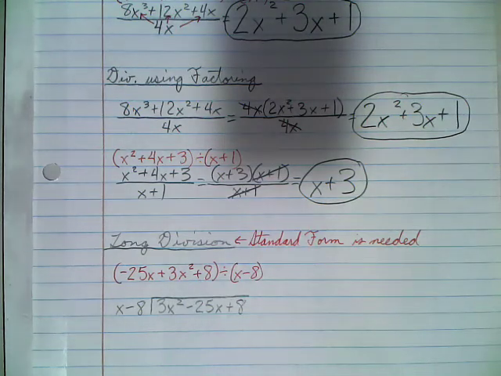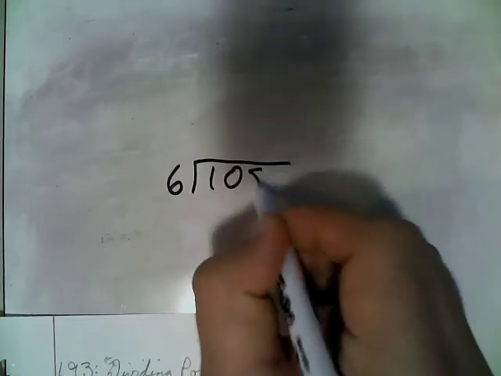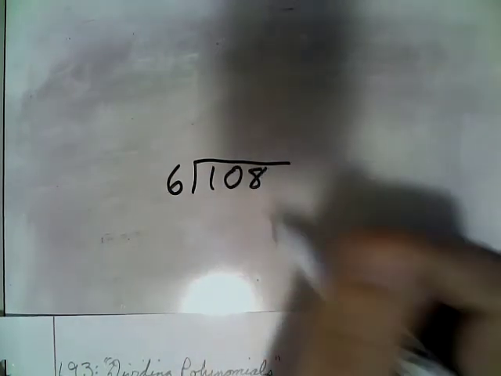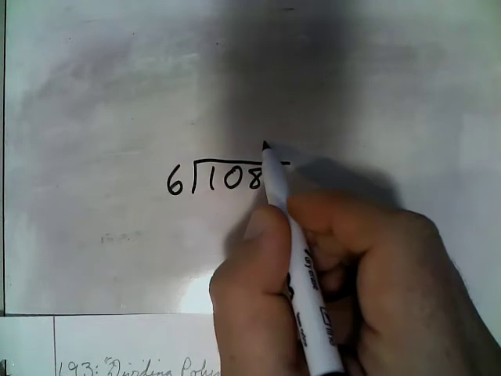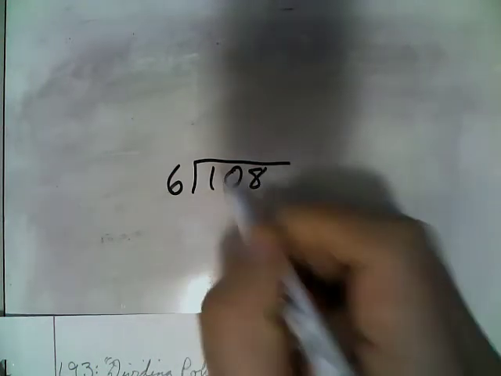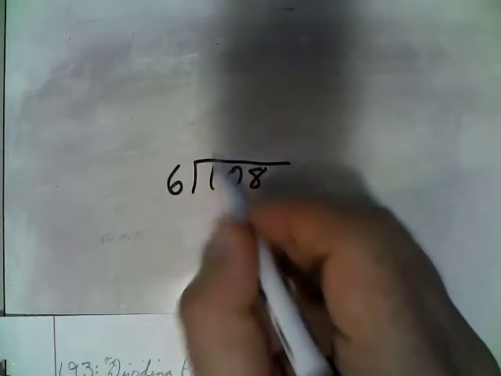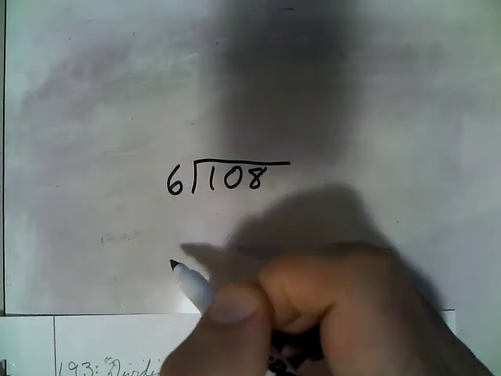Now, one of the things that we need to understand is in normal long division, you have columns. So for example, if I were to give you, let's say, the division problem 6 into 108, my answers up here will have place values that will match the place values here in the box. So whatever goes up here, we're saying we have that many groups of 100 sixes.